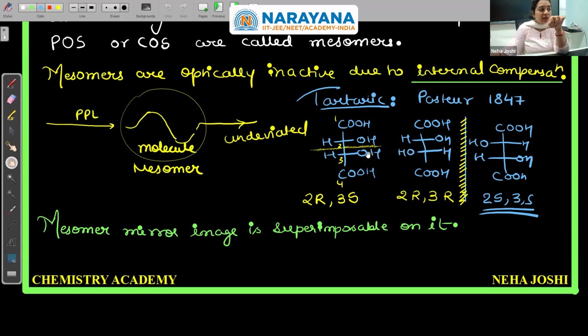So he separated the tartaric acid crystals with the help of forceps: one the mesomer, the other the active enantiomeric pair. The mesomer's mirror image is superimposable on it because there is a plane of symmetry.